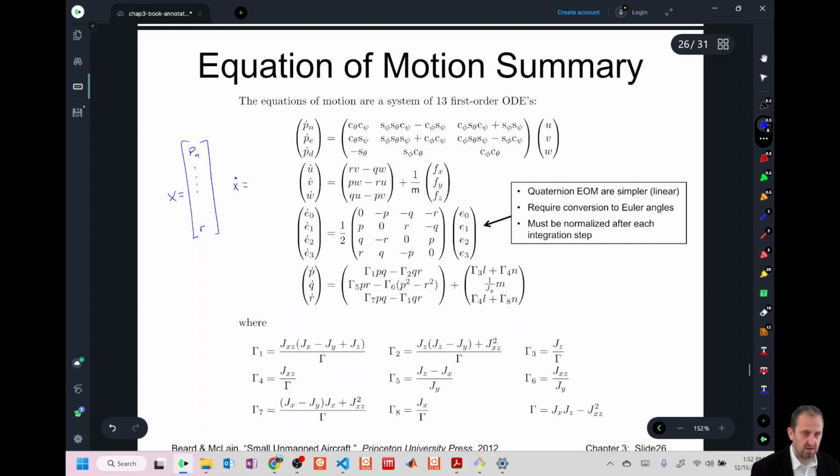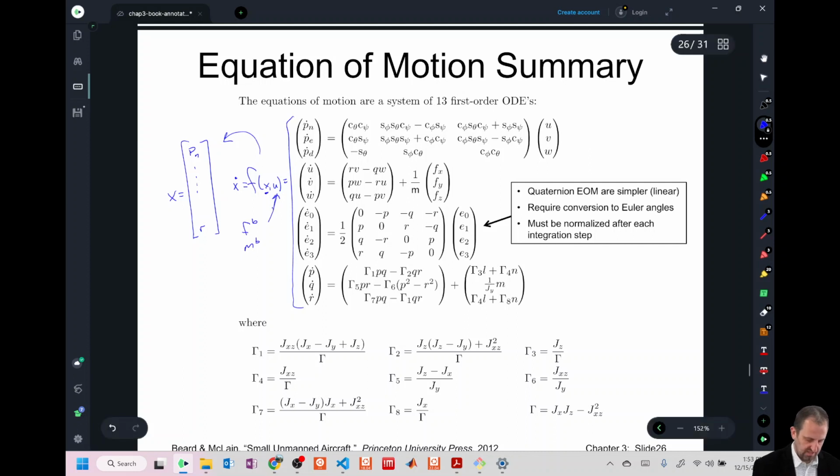And then our state update equations are some function f of x, u, which is basically this set of functions. So we have 13 equations, and these equations are a function of the state, what we just denoted, as well as our input u, which for this chapter we've said is our forces in our body frame and our moments in the body frame.